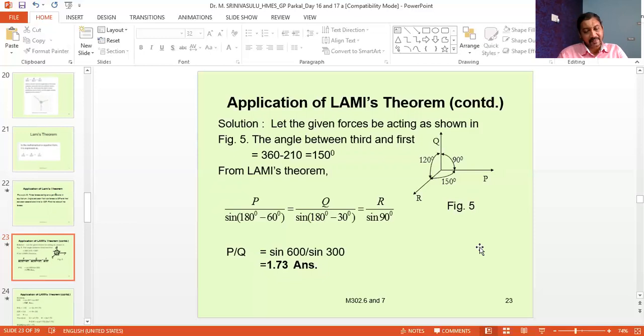So once again I am repeating, we don't know the forces P, Q and R, but only the angles are known. Now just find the ratio here.